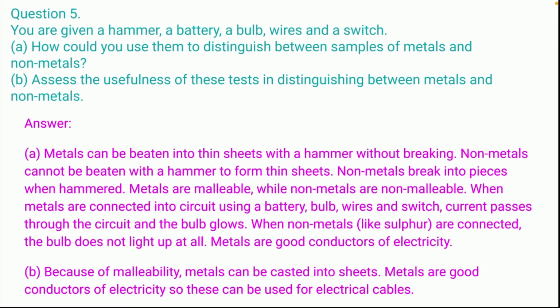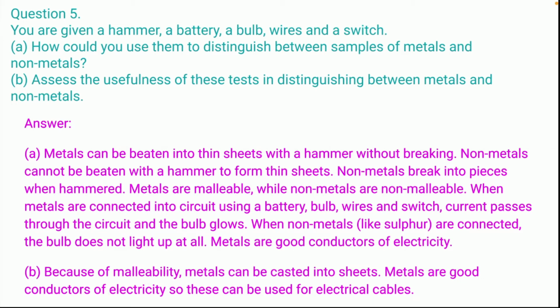Answer is, metals can be beaten into sheets with a hammer without breaking. Non-metals cannot be beaten with a hammer to form thin sheets. Non-metals break into pieces when hammered. Metals are malleable while non-metals are non-malleable. When metals are connected to a circuit using a battery, bulb, wires and switch, current passes through the circuit and the bulb glows.